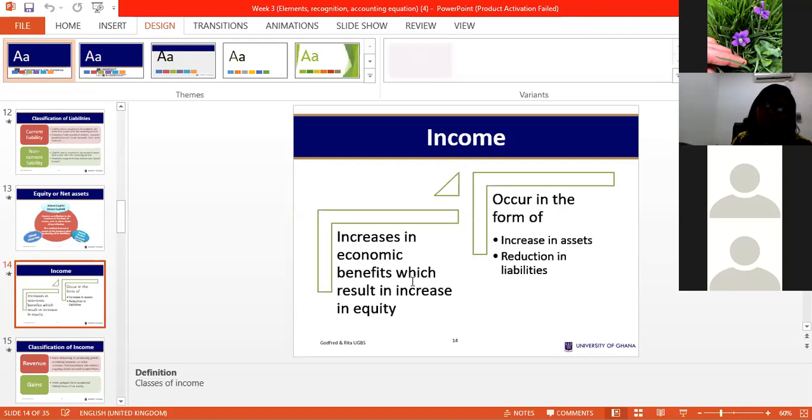On the other hand, when you are reducing your obligation, then you don't have money to give out there. So it becomes part of what belongs to the entity. Okay, it becomes part of your revenue, because anytime you have a liability, it is an obligation you must fulfill. But if you don't have an obligation to fulfill, that economic benefit remains in the entity. And that is why we say a reduction in liability could also suggest an income to the entity.